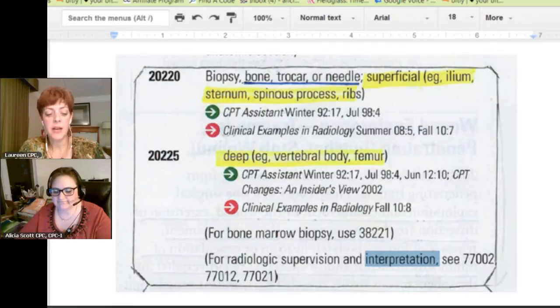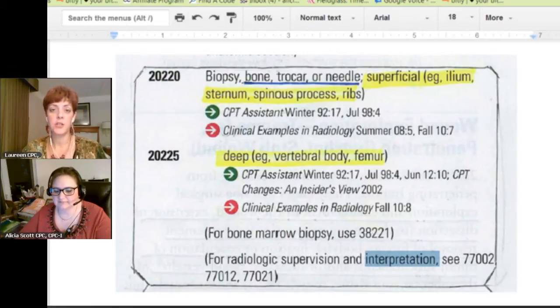And the history on this is, way back in the day, they only had one code to represent one of these types of procedures. And they were finding that, because the intention was one person doing it, but sometimes they would bring a surgeon in to do the surgery piece, and then the radiologist would do the radiology piece, and they couldn't figure out mathematically how to divide the codes, because in some cases the surgery piece was a lot more of the pie than the radiology, and vice versa.